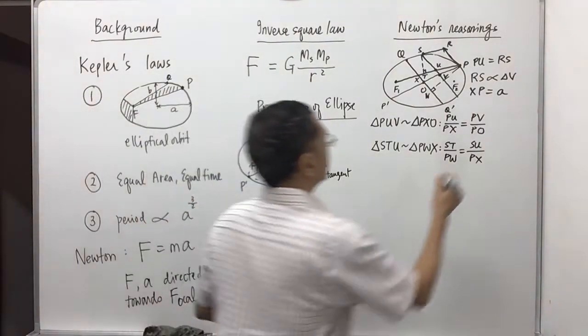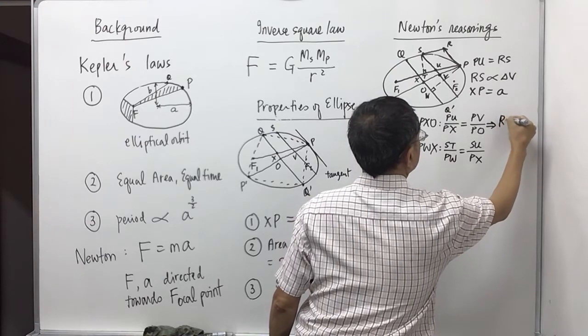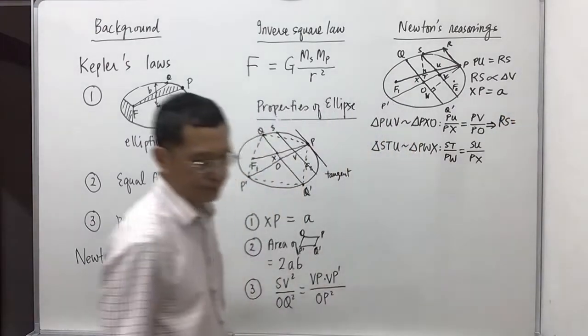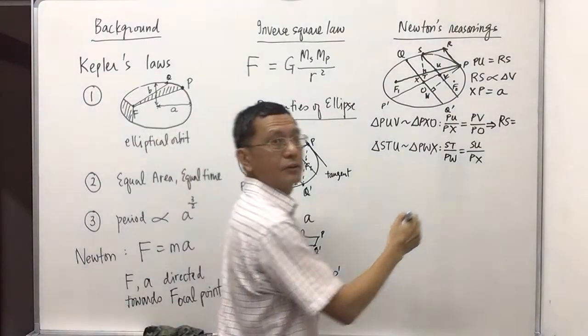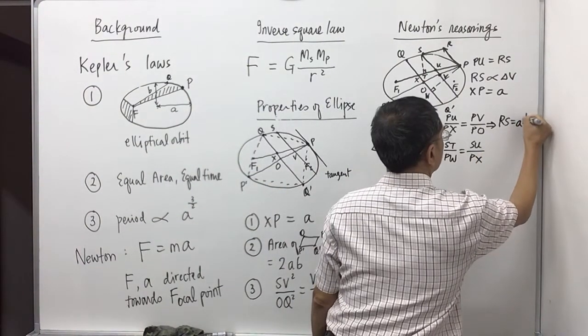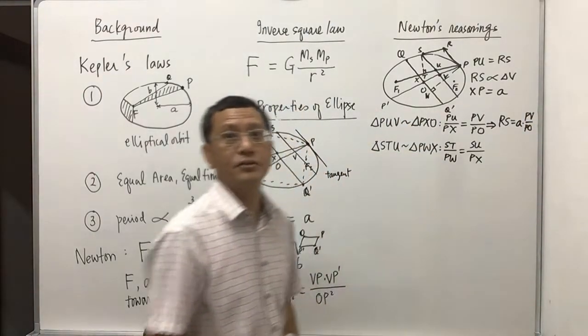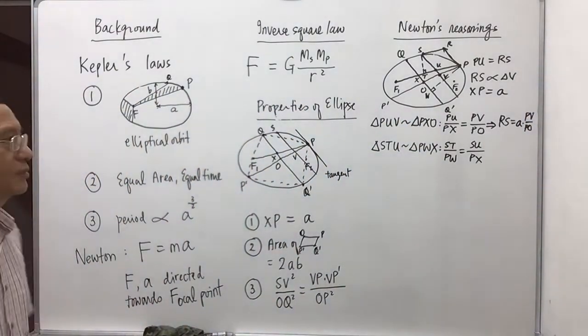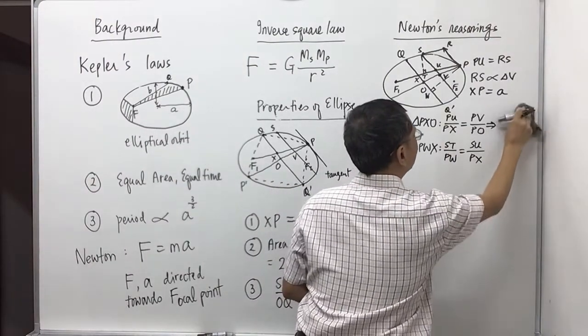So I'm going to write this as RS equals to A times PV over PO. Okay, I hope you can still see it. Yeah, it's still on the screen. Whoops, not on the screen anymore. So I think I better rewrite it somewhere else.